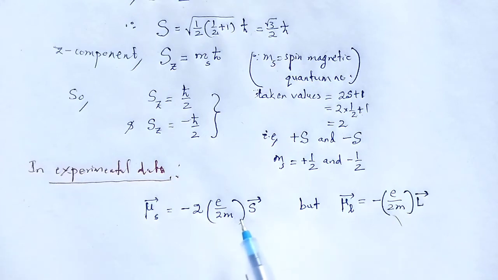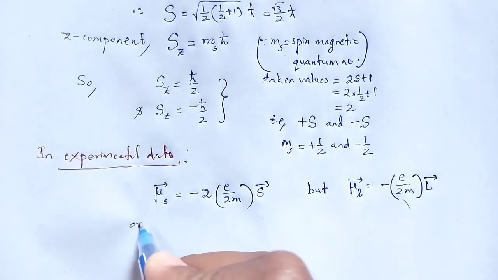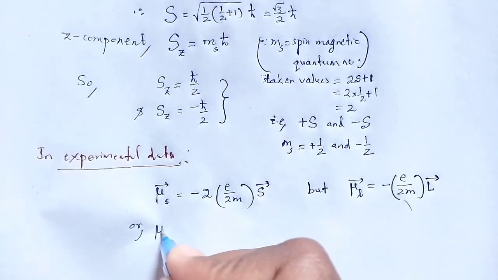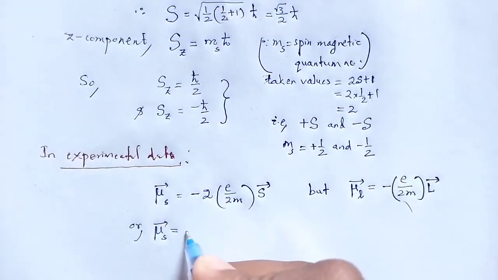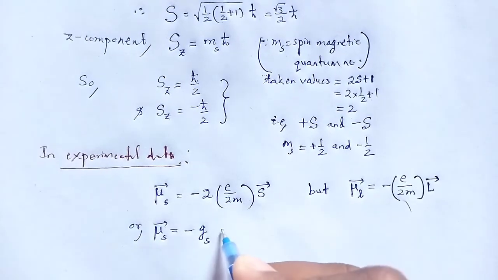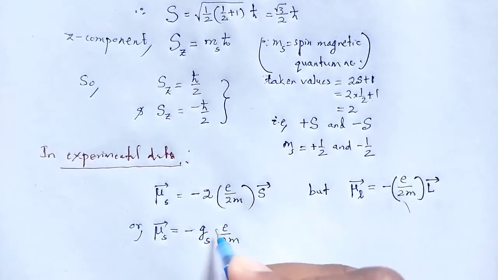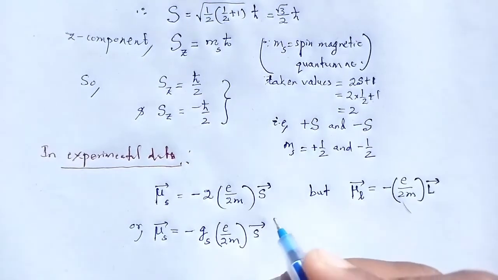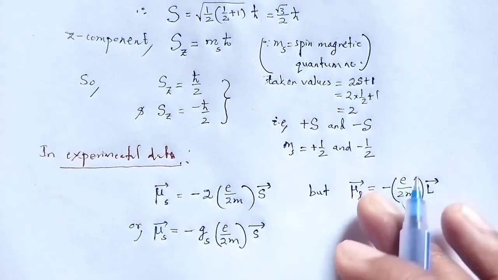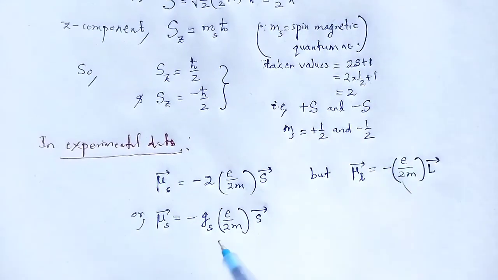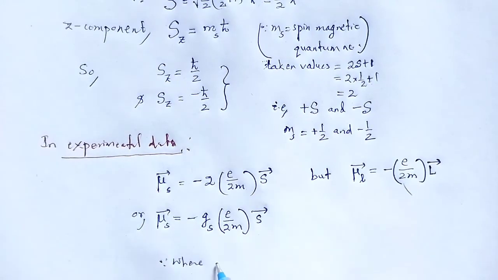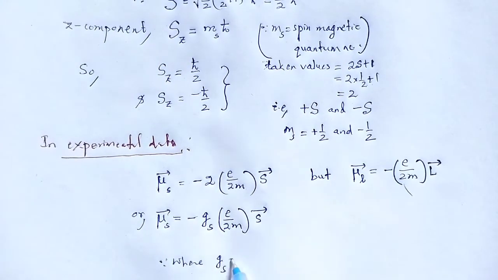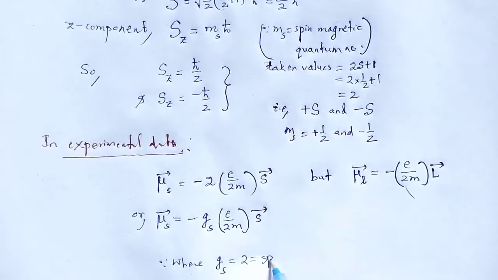Mu s is equal to minus g of s e by 2m S vector, where g of s is called the spin g factor, and its value is equal to 2.